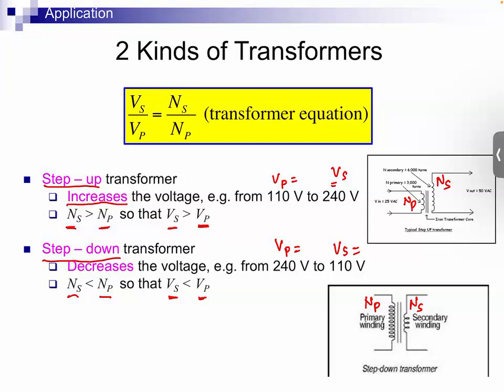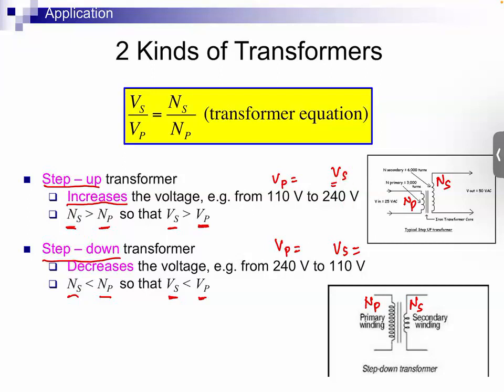So you use a step-up transformer if you want to increase the voltage. For example, many devices that you buy in the United States have a mains voltage of 110 volts. If you bring that to New Zealand, our mains voltage is 240 volts.